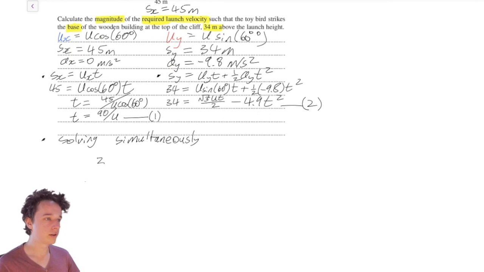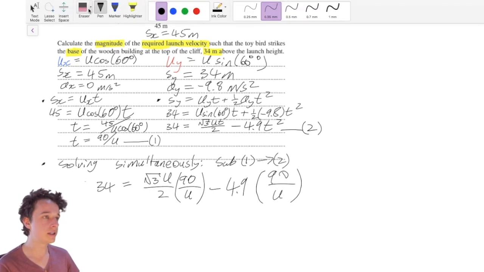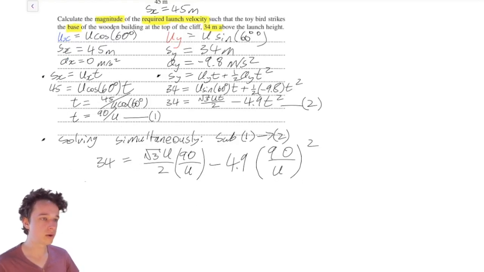will produce 34, and you might want to say sub 1 into 2. 34 is equal to root 3u divided by 2 multiplied by t, which we are substituting as 90 divided by u, minus 4.9 multiplied by t squared, which we are substituting as 90 divided by u, all squared.